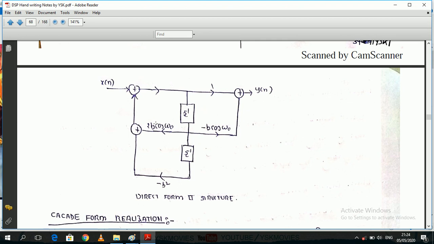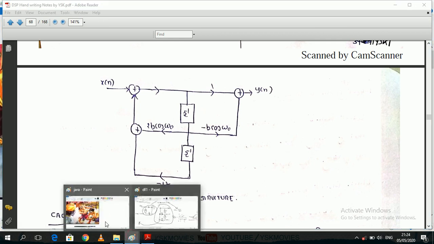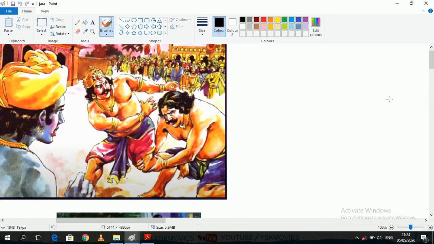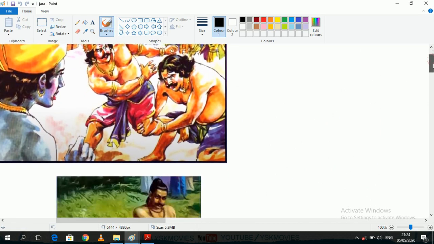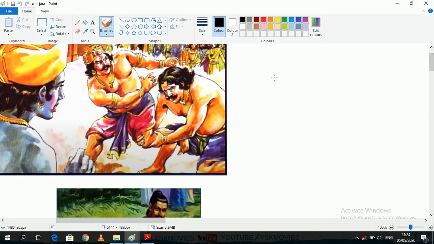I don't know why it came into my mind while I was studying this concept. The same thing happened in the Mahabharata, in the war between Bhimasena and Jarasandhu, by the guidance of Sri Krishna. It's a very funny thing to us. Bhimasena was not able to kill him because of his power.